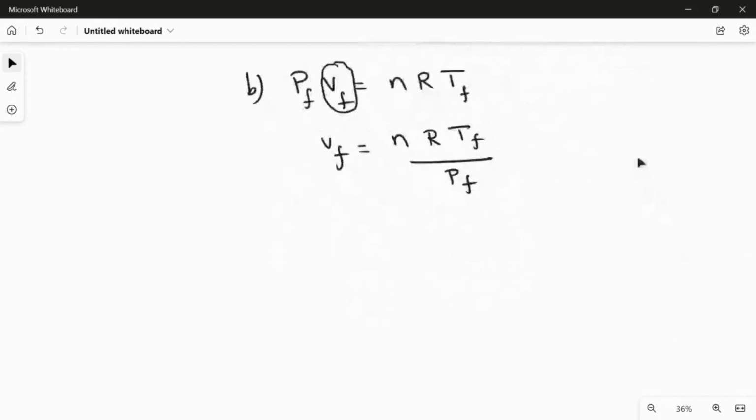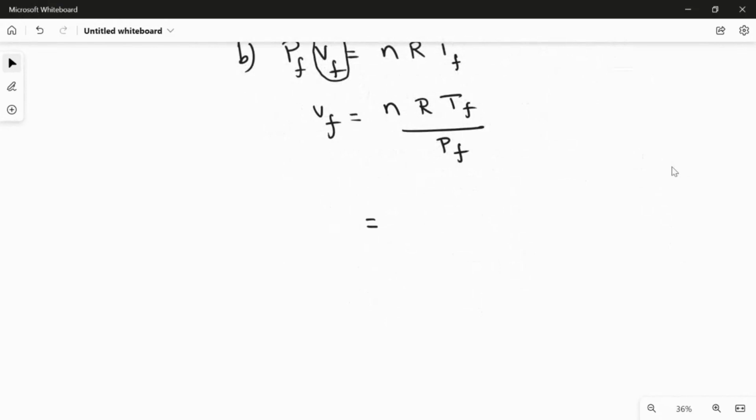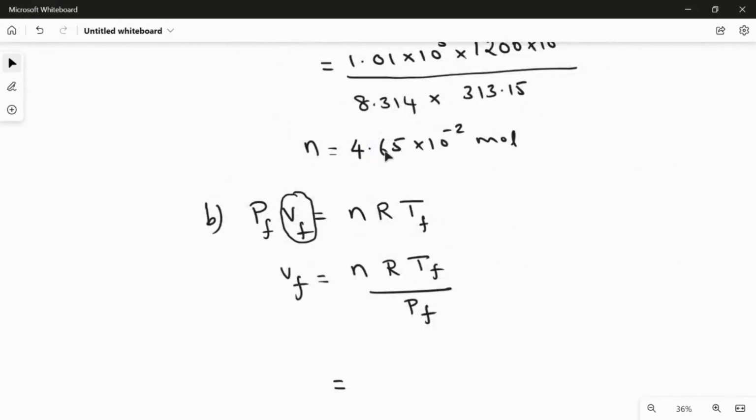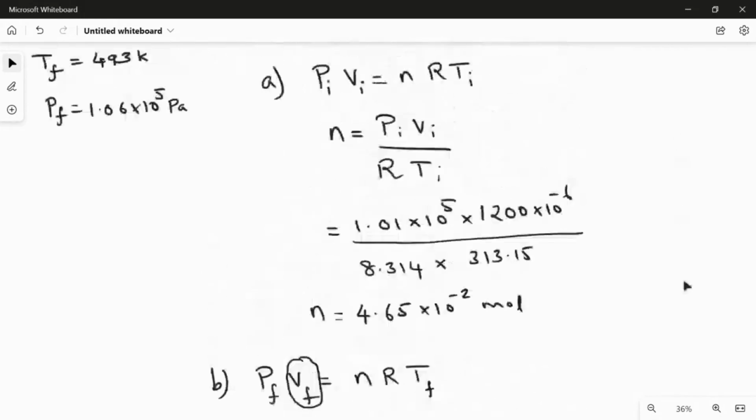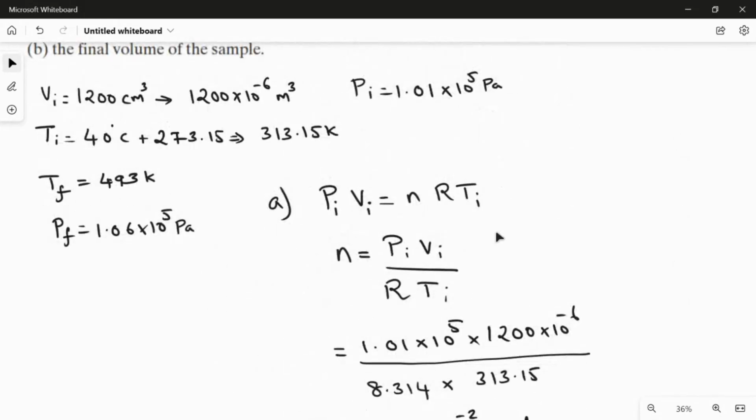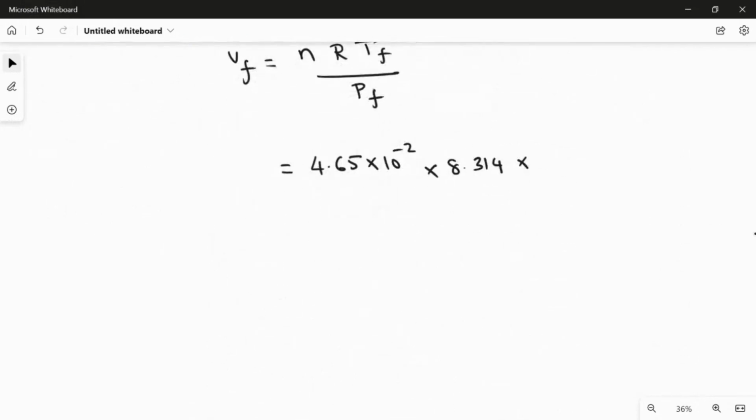Now I am going to substitute the values. What will we get? The number of moles, from the first part, we got as 4.65 × 10⁻², and the gas constant here is 8.314, multiplied by the final temperature, which they mention as 493 Kelvin, over the final pressure, which is 1.06 × 10⁵.